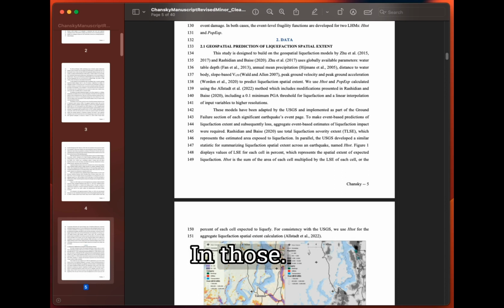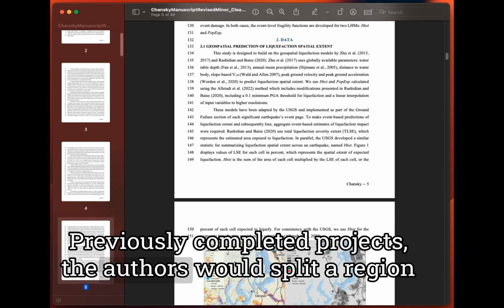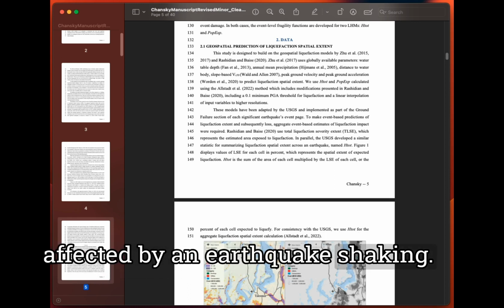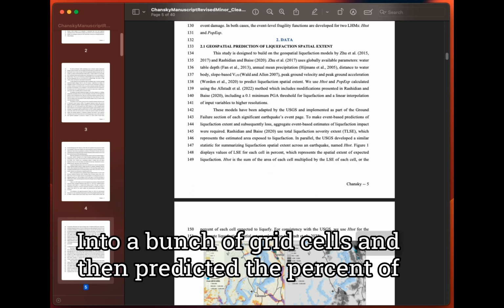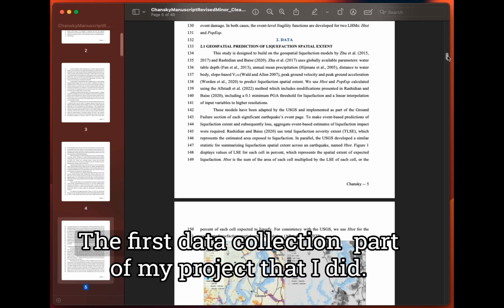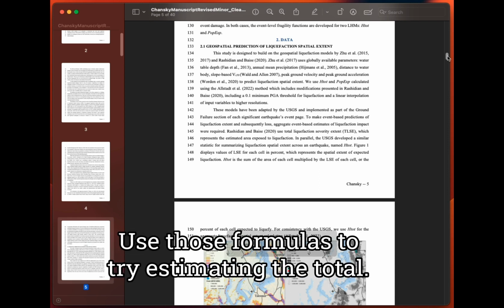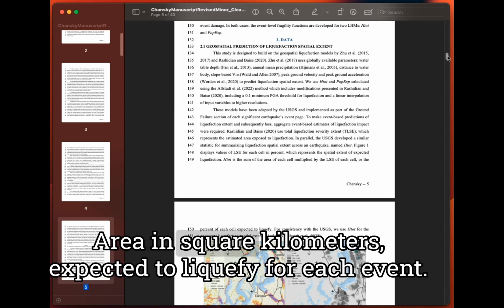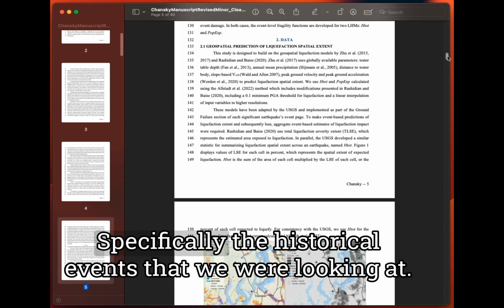In those previously completed projects, the authors would split a region affected by an earthquake shaking into a bunch of grid cells and then predicted the percent of each grid cell expected to liquefy. The first data collection part of my project was to use those formulas to try estimating the total area in square kilometers expected to liquefy for each event, specifically the historical events that we were looking at.